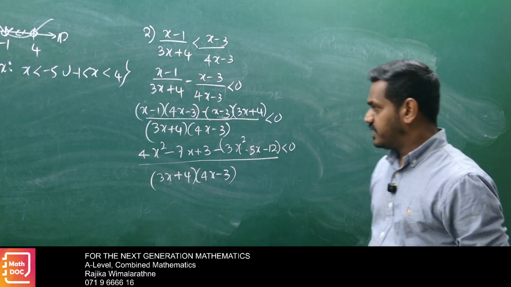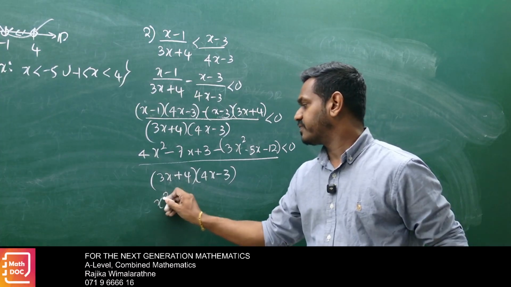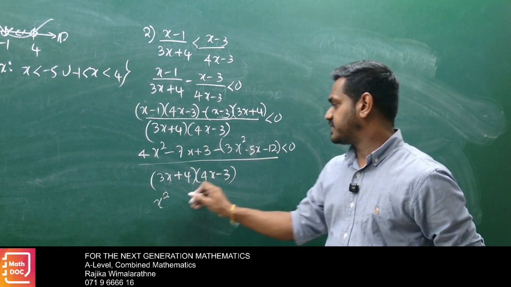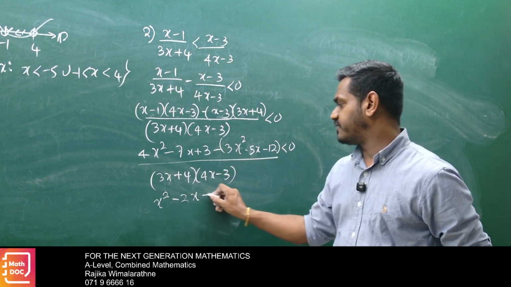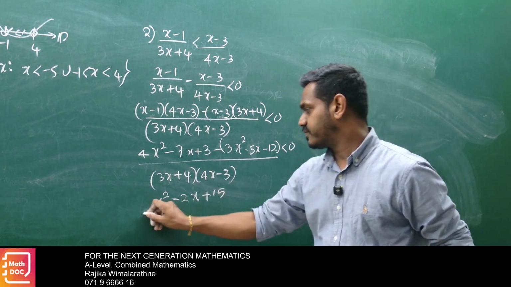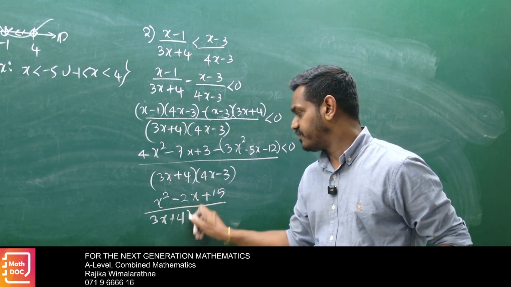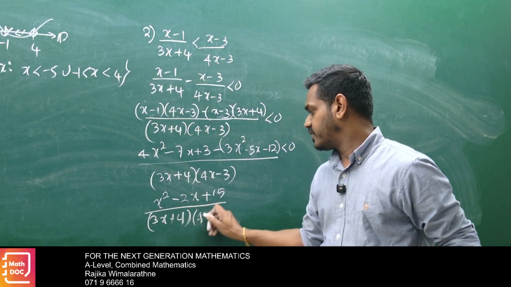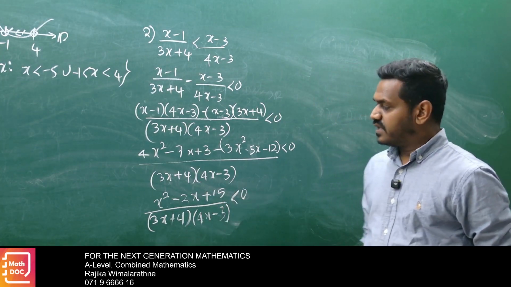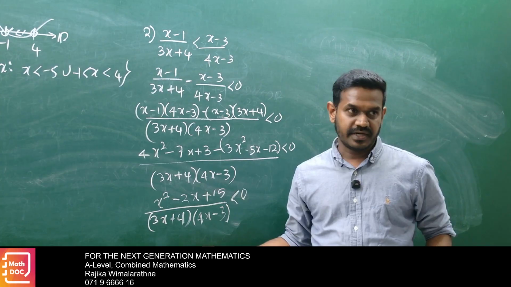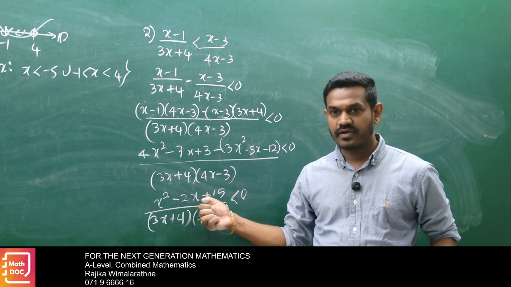Okay. Then 4x squared minus 3x squared is x squared, and minus 7x plus 5x is minus 2x, and 3 plus 12 is 15, over 3x plus 4 times 4x minus 3 is less than 0. Now for the denominator we have factors, but for the numerator we don't. So here we don't have proper factors.